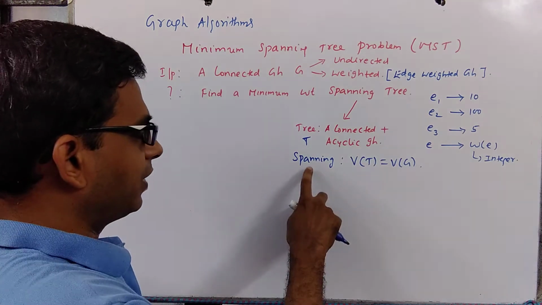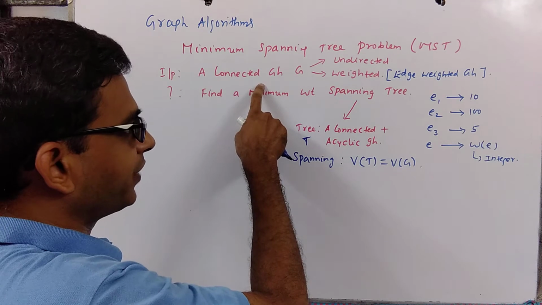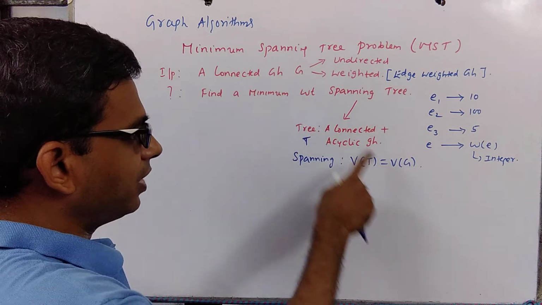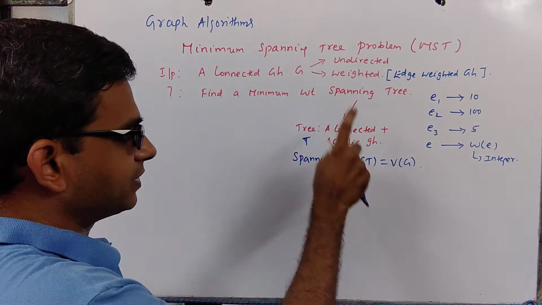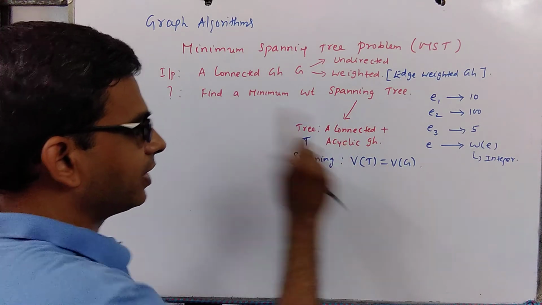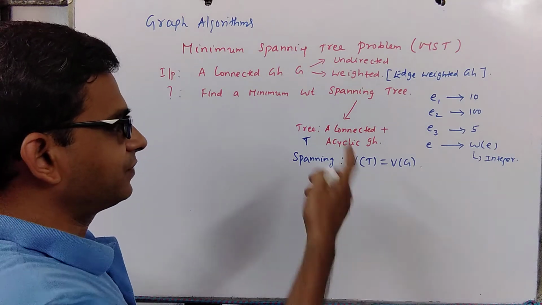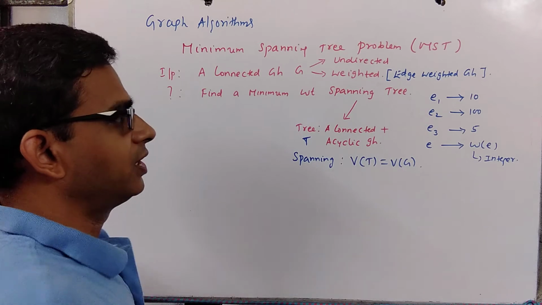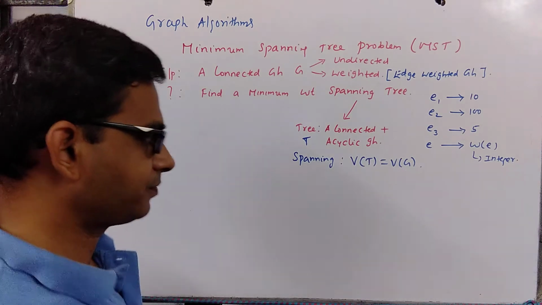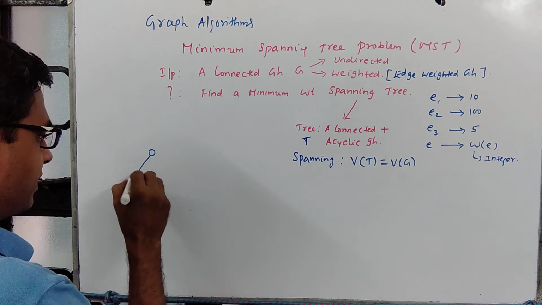What we look for is basically a subgraph containing all vertices of G, and that subgraph is connected and acyclic in nature. Put in other words, we ask for a tree spanning all of V of G, or we simply ask for a spanning tree. So consider this graph.